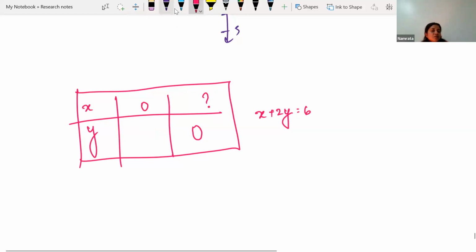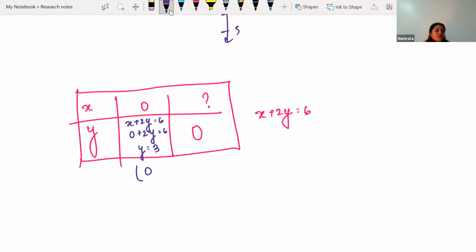Take x as 0 and find the y value with the help of the given equation. So x plus 2y is equal to 6. Taking x as 0, we find y is equal to 6 by 2, that is 3. So when x is 0, y is 3.